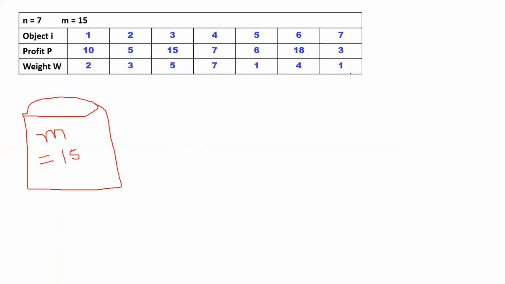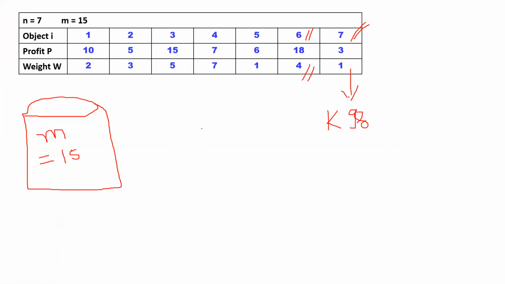Now check this weight. I'm saying that this weight is in kgs. So object 7 is of weight 1 kilo. Object 6, its weight is 4 kilos.